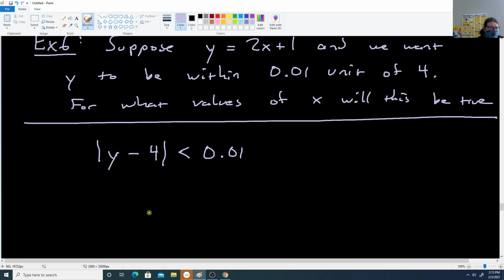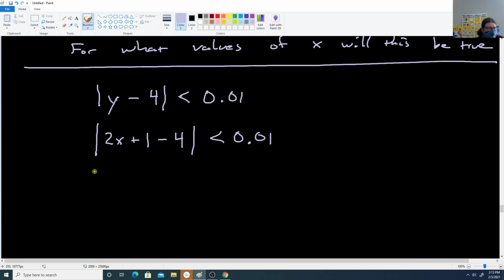So if I replace y with what y actually equals, I get absolute value of 2x plus 1 minus 4 is less than 0.01. I can simplify this a little bit more. Plus 1 minus 4 is minus 3. And then this is absolute value of something is less than a positive number, which means the interior of the absolute value goes here in the middle.